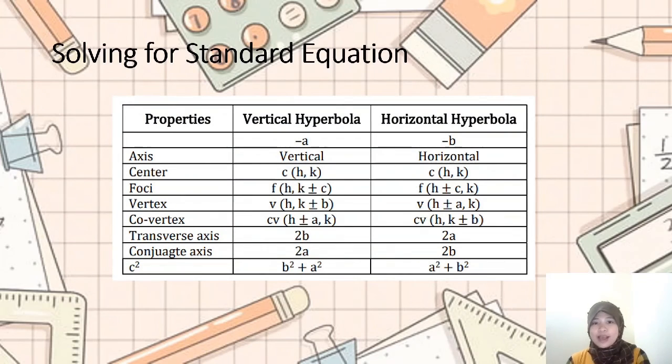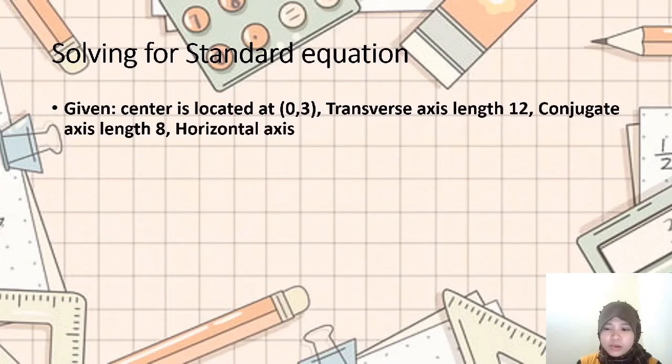This table guides us to identify the values of h, k, a, and b that are needed for our general equation. Now we're gonna solve for the standard equation of hyperbola. Our given is center located at point 0, 3, transverse axis length of 12, conjugate axis length of 8, and horizontal axis.